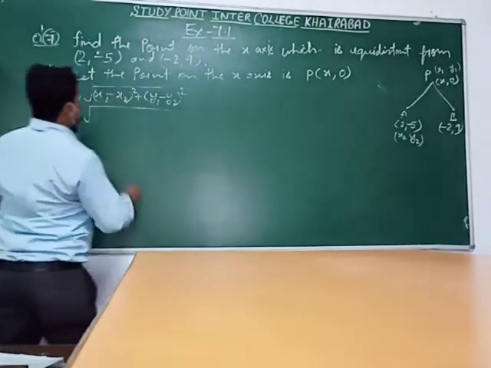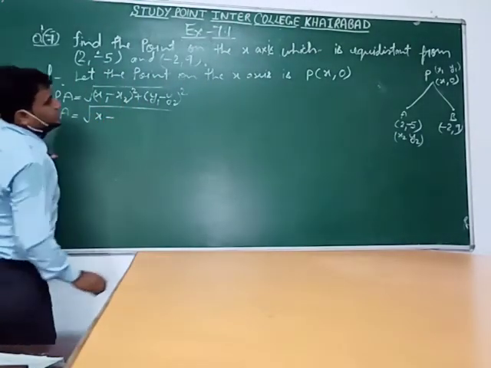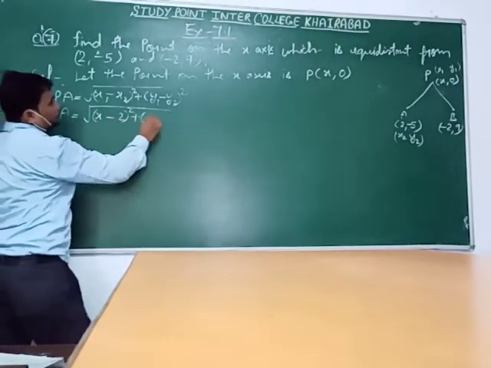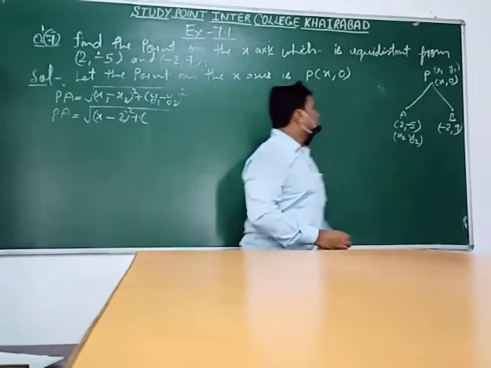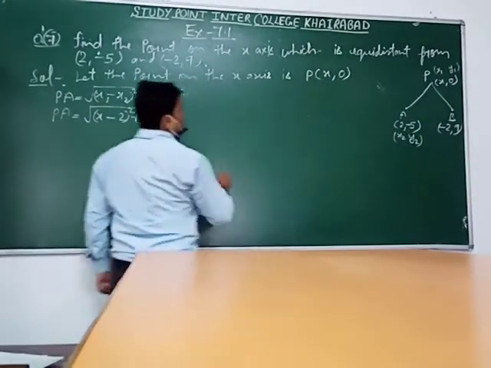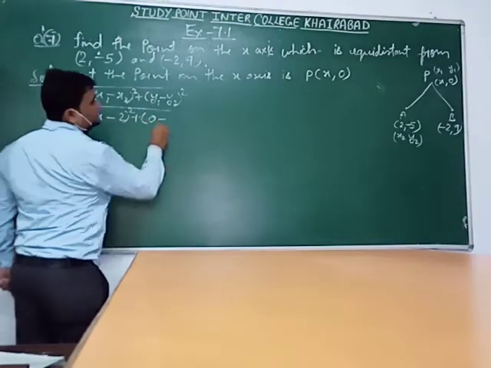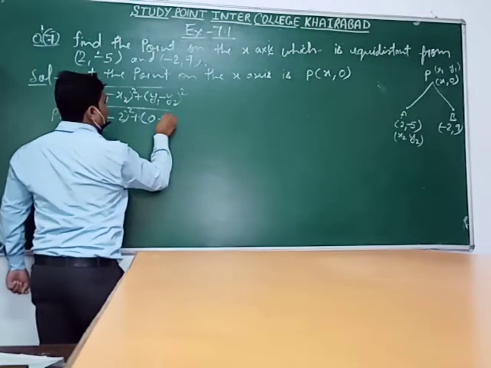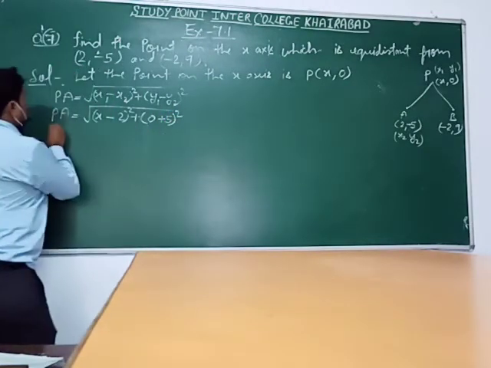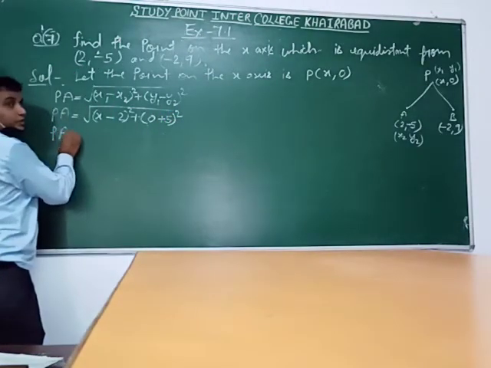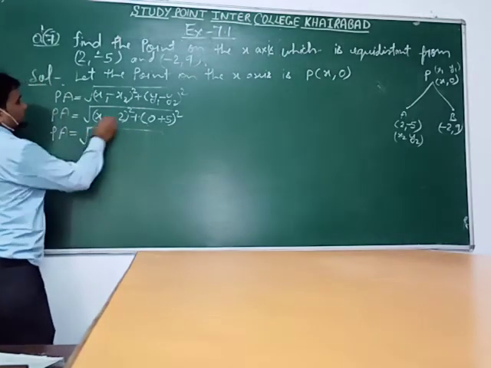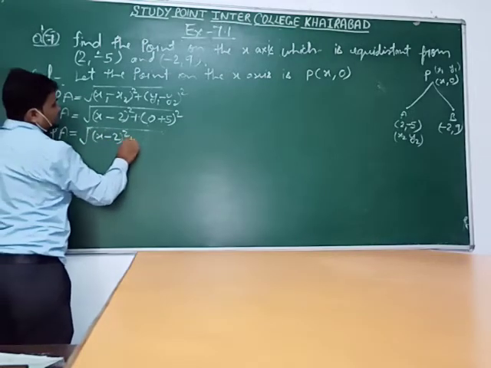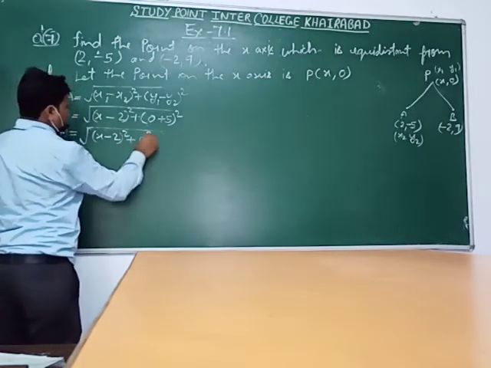So x1 is x, minus x2 which is 2, plus y1 which is 0, minus y2 which is minus 5, but here it is minus, so it will be plus. So PA equals the square root of (x minus 2) whole square plus (0 plus 5) square.